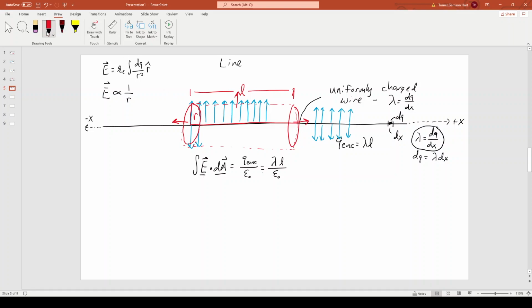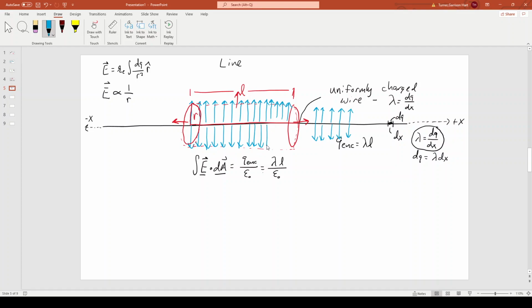And since the electric field is uniformly outward from the wire, not along the wire, none of the components of the electric field are going to be along the wire, then the two sides, the two faces, aren't going to contribute anything. It's only going to be the body of the cylinder that contributes.